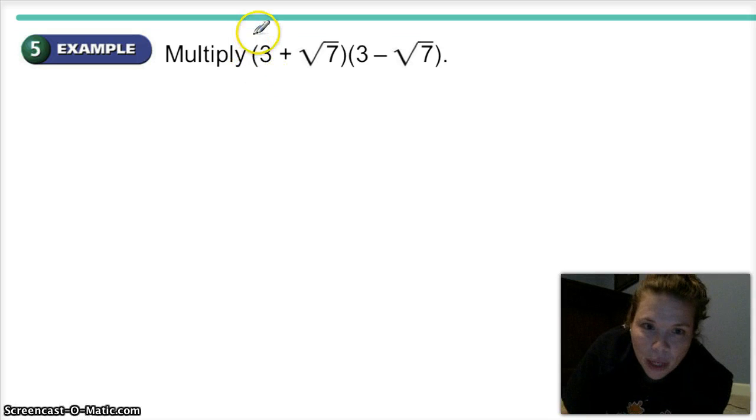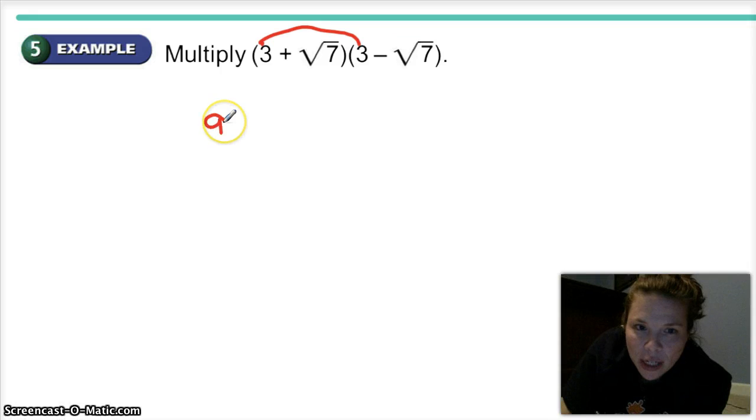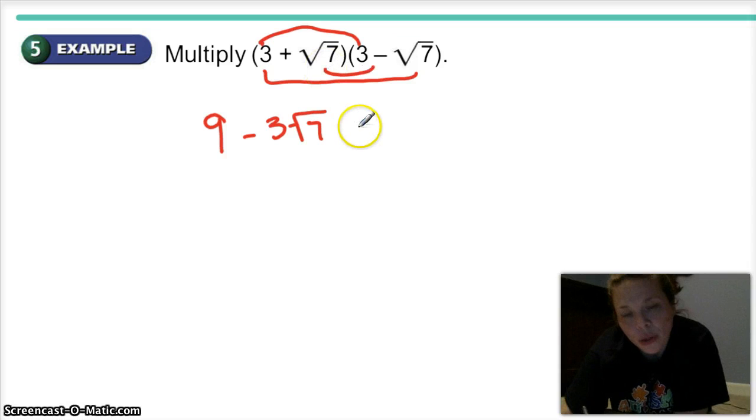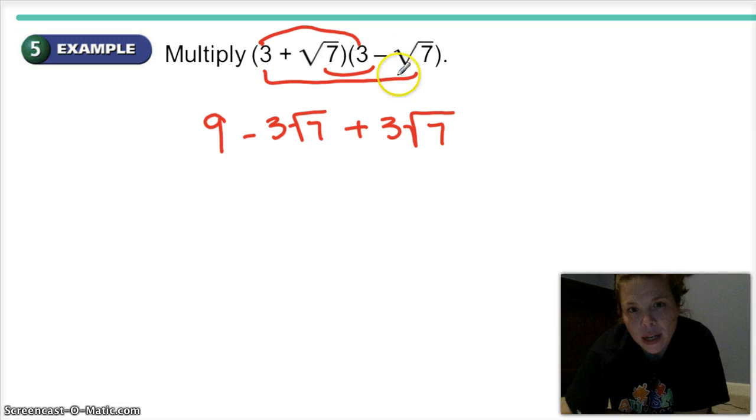Okay, so I'm going to show you the FOIL method, but then I'm going to tell you the shortcut as well. So we've got 3 times 3, the first terms, which is 9. Outside terms, 3 times negative root 7, so that's negative 3 root 7. Inside terms, 3 times root 7, that's positive 3 root 7.